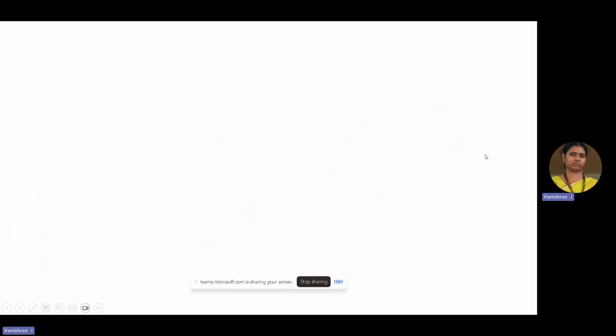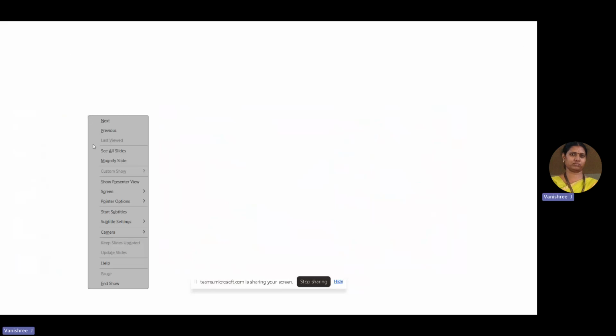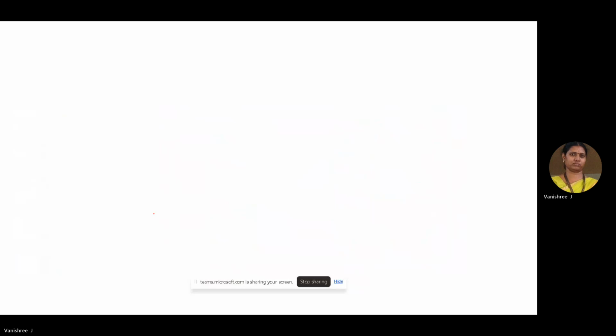Coming to the series RLC circuit, let us take R, L and C in series, connected across an AC voltage V angle 0.